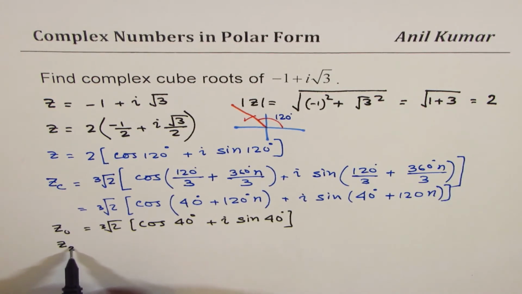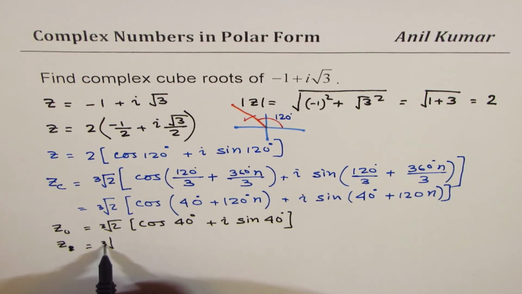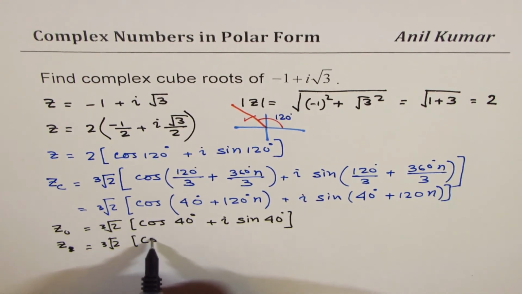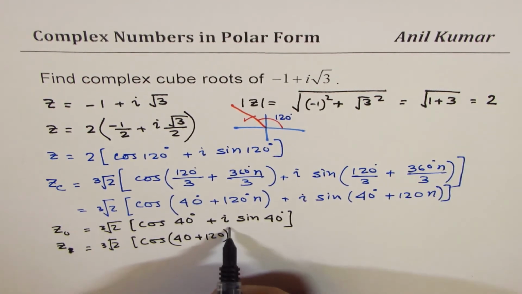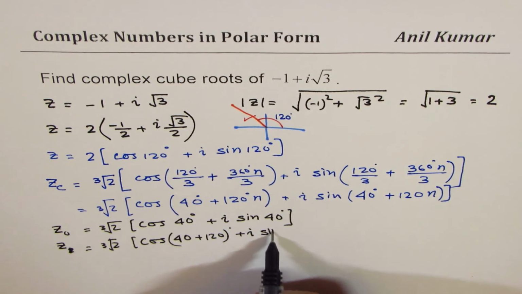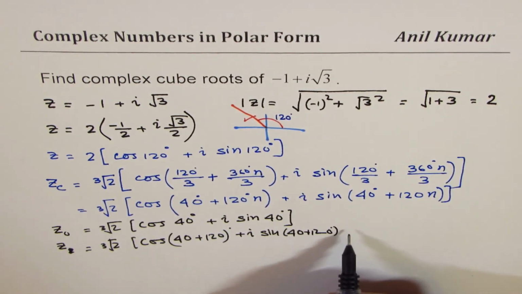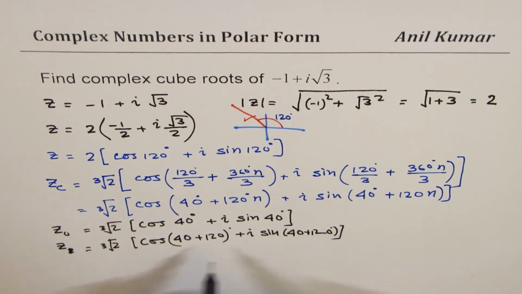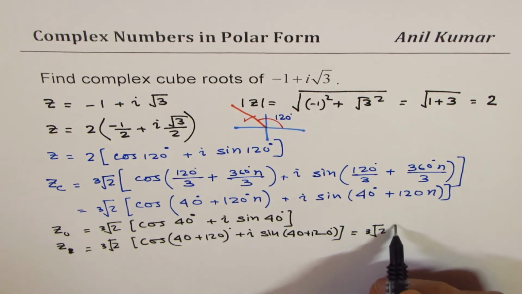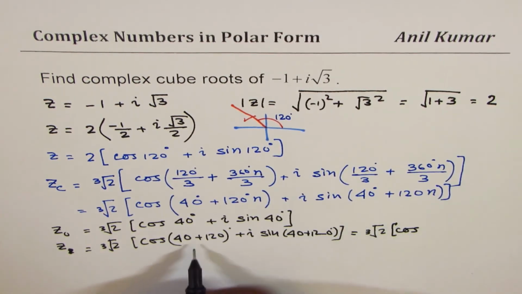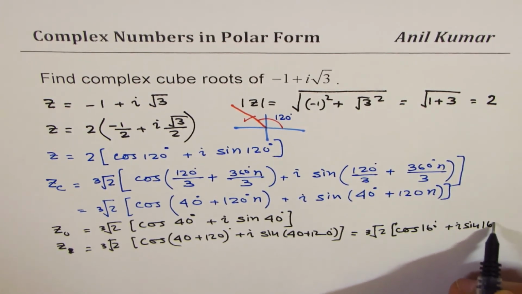The second root, I mean, we start with z1. Substituting 1 here, we get cube root of 2 cos of 40 plus 120 degrees plus i sine of 40 plus 120 degrees, great, which is cube root of 2 cos of 160 degrees plus i sine 160 degrees.